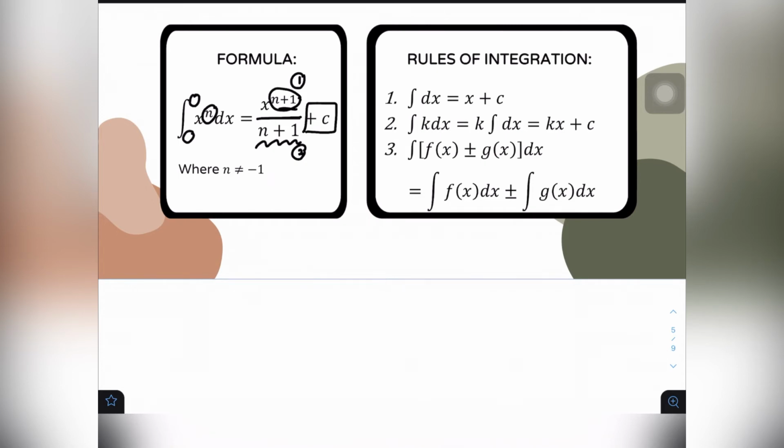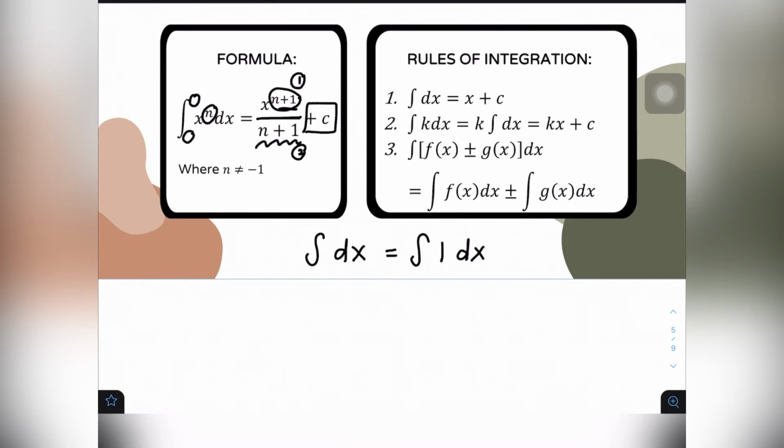So the first rule is, if you have been asked to integrate, and there is nothing here, only written with respect to x, what is the meaning of this? It actually means that you need to integrate 1 with respect to x. There is a constant in front, but because the constant is 1, we cannot see it.